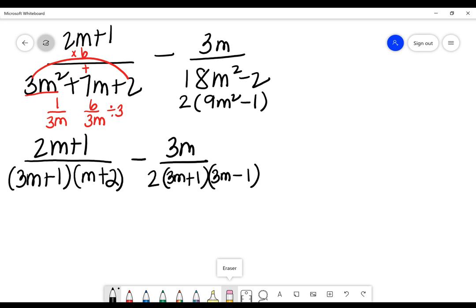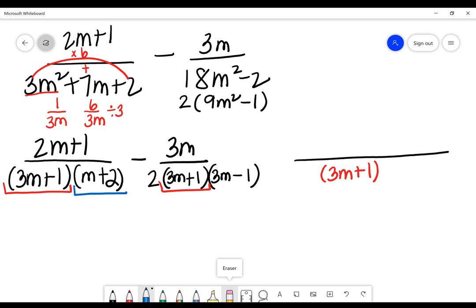Now from here, the process is the same as everything we've been going through. So if I look here, I want to create a common denominator. If I look, I have 3m plus 1 in common. So that means that is going to go in my denominator. I don't need to multiply either of the fractions because they both have that already.